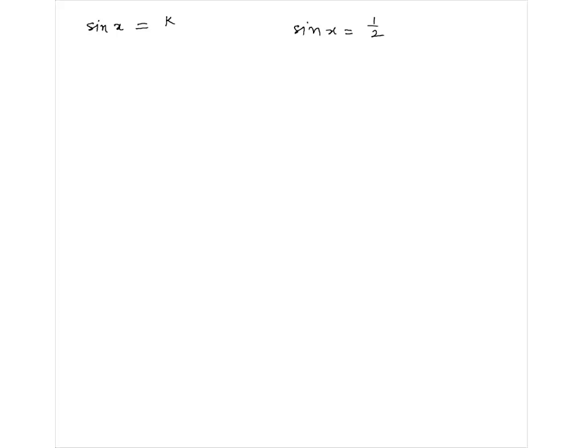But any one value I can find out, I can say, for example, that x is 30 as one solution. So any one solution of your liking, you can find out. And that will be a particular thing. Say that particular thing is called alpha. It could be 30 degrees here.